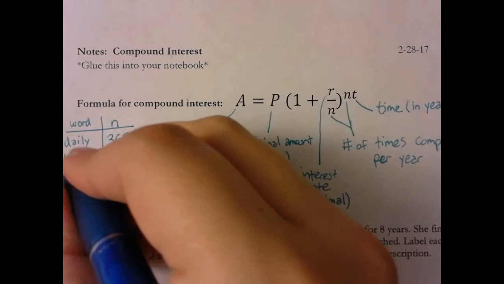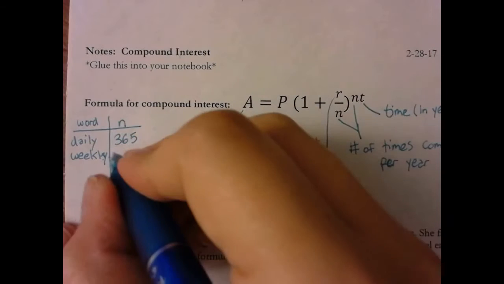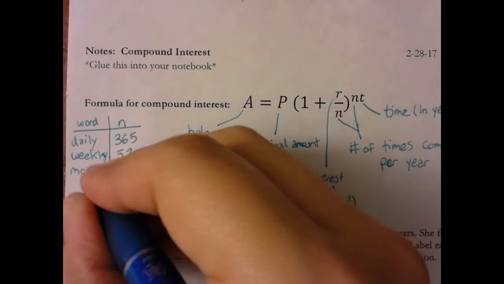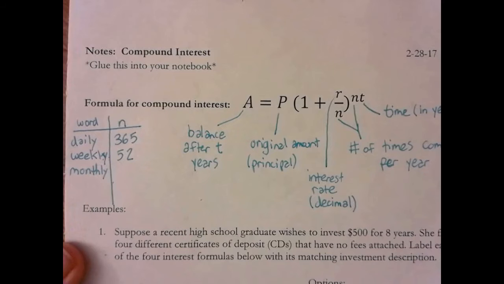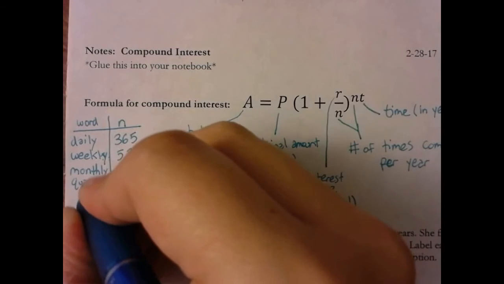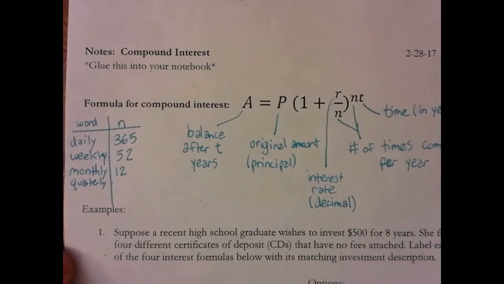If it says weekly, there are 52 weeks per year, so your N will be 52. Monthly is next. How many months are there in a year? I hope you know there are 12. Then we could have quarterly. How many quarters are in a dollar? 4.